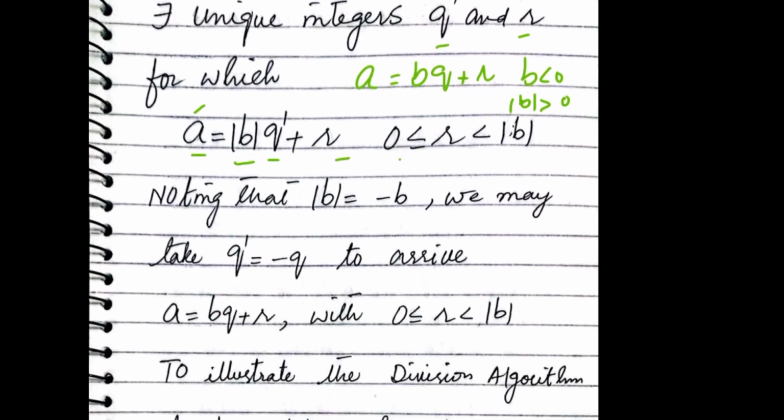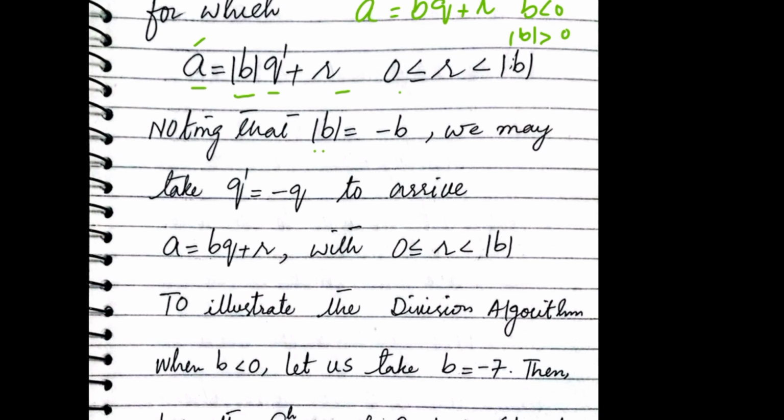Noting that b is negative, by the definition of the absolute function, |x| is equal to minus x if x is less than 0. So here |b| is minus b. We may take q dash, the quotient, equal to minus q to arrive at the result.